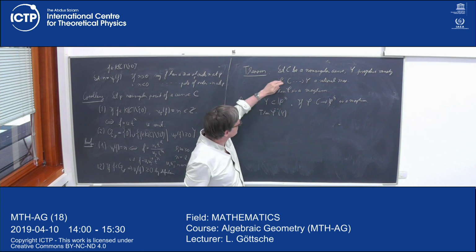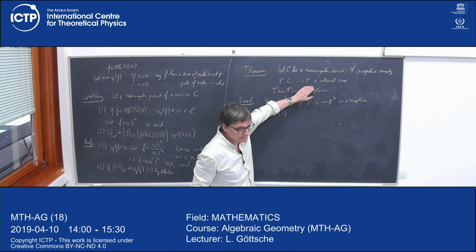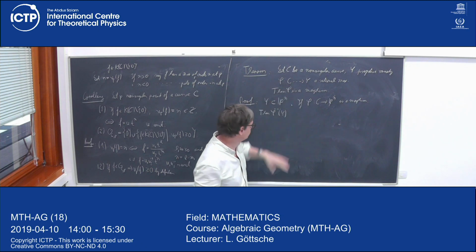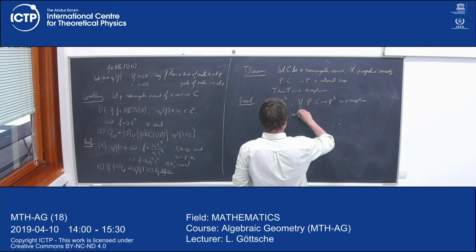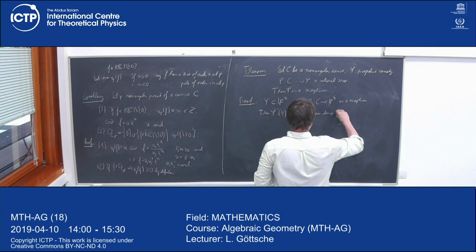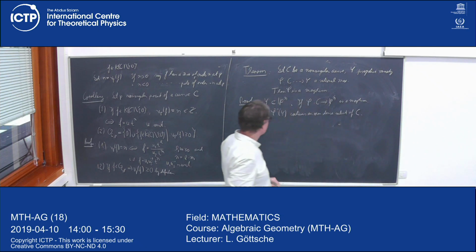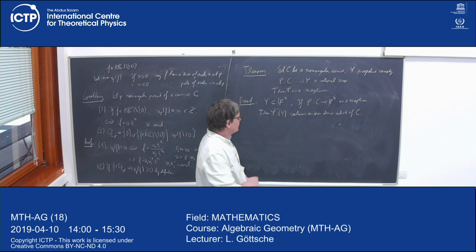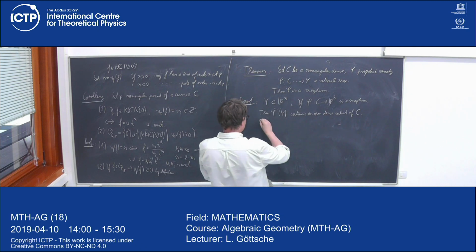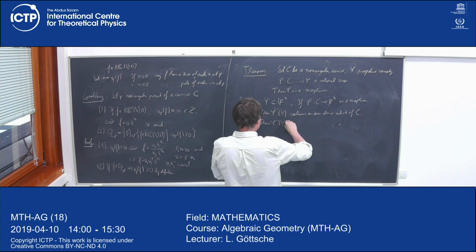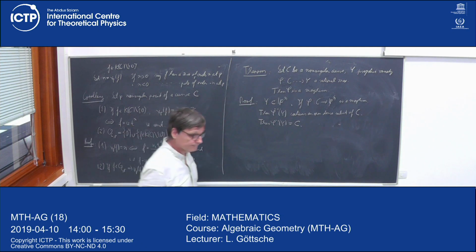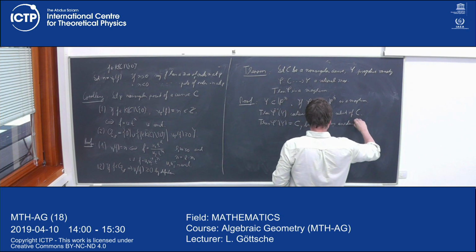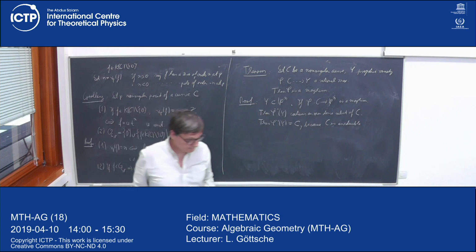This means there's an open dense subset of C which maps to Y. So the inverse image of Y contains an open dense subset of C. C is irreducible, so phi to the minus 1 of Y must be the whole of C. That's the first thing.